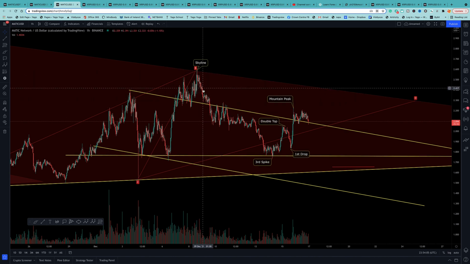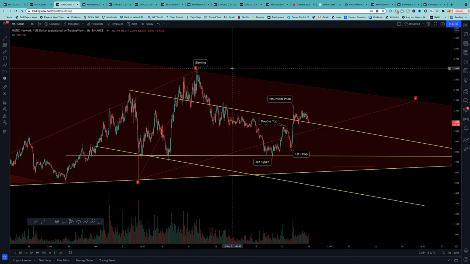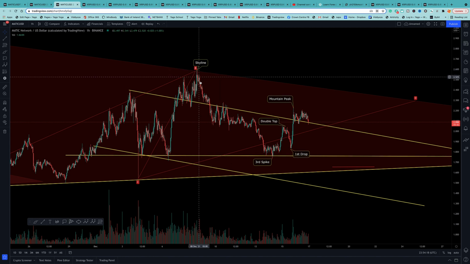So now when you go in your entries, your stop losses are going to be above skyline. If you play this all the way down and put your entry above skyline, you're as safe as houses. Any short you put above skyline, no matter how much it retraces, it's always going to go back down until it hits the bottom.